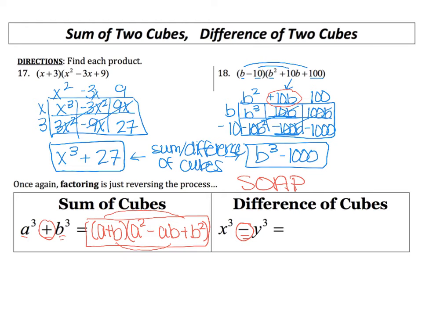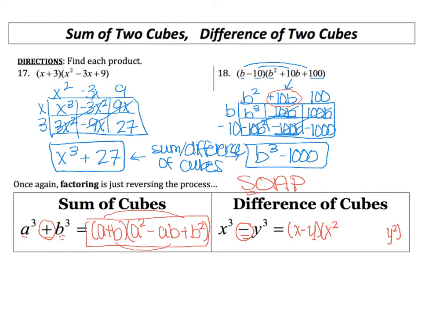And we can do the same thing to figure out our pattern for a difference of cubes. Because if I start with x minus y, that first sign stays the same. We'll talk about SOAP a little bit more on the next screen yet. Then I have to work backwards and say, well, x times x squared, and then y times y squared.